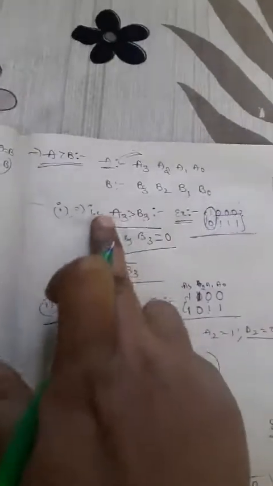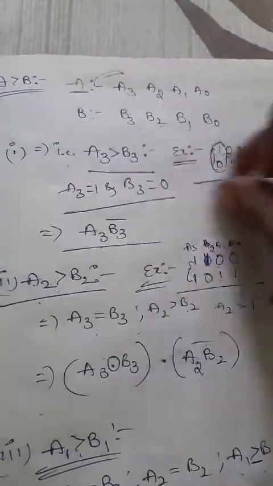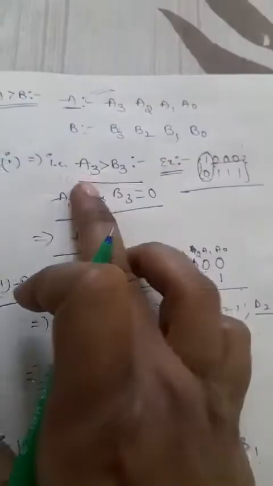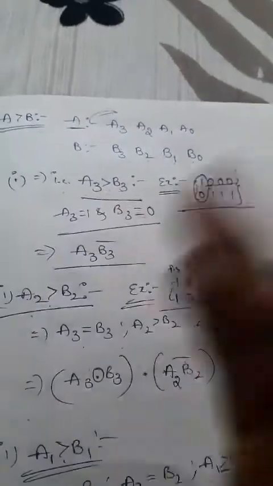A3 greater than B3, so the first condition is A3 greater than B3. Is there any condition in that first case? There is no condition. We have only the first condition, A3 greater than B3. So the remaining conditions are not there here, just don't care conditions, you can mention them here.